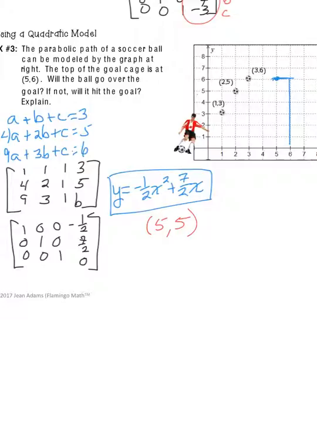So 5, 5 is right here. So essentially it's going like this, right? So the question is, will the ball go over the goal? If not, will it hit the goal? Well, the ball is going to actually go into the goal and score. So no, the ball will not go over the goal. It will hit the goal and score, or go inside the goal and score.